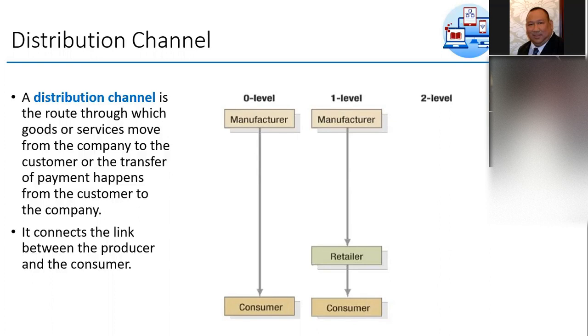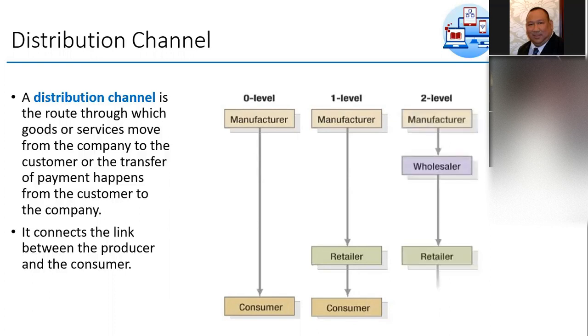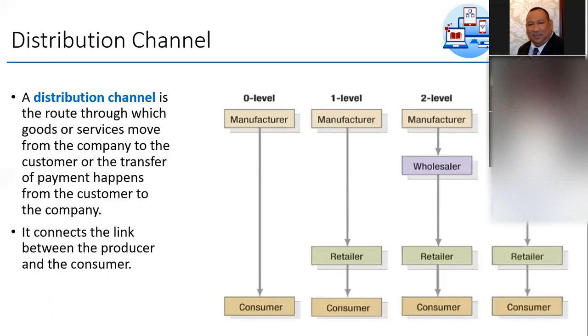When we say 2 level, there are how many intermediaries? Of course, 2. So it will be from manufacturer to wholesaler to retailer to consumer. And last, we have 3 intermediaries: from manufacturer to wholesaler to jobber to retailer and consumer. Being marketing majors, this is just a review. I know that you're already familiar with these distribution channels.